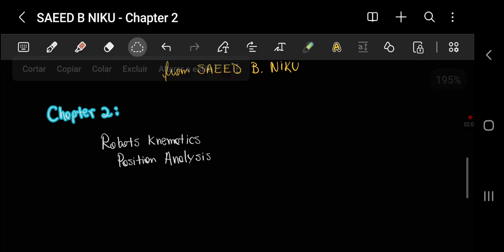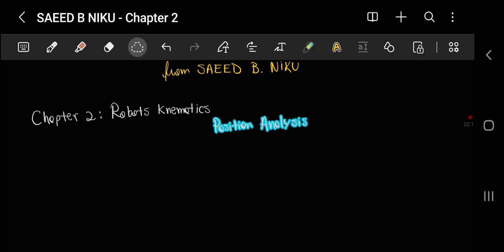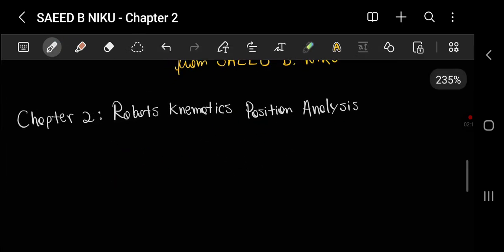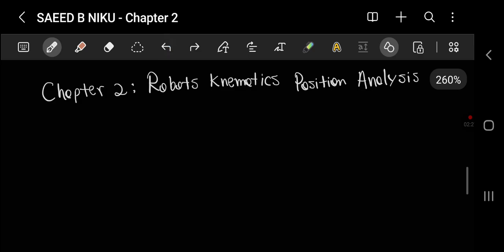Okay, so this chapter starts with an image of a 4-bar structure in a closed loop.